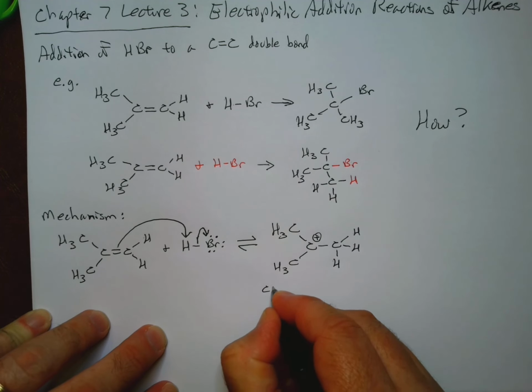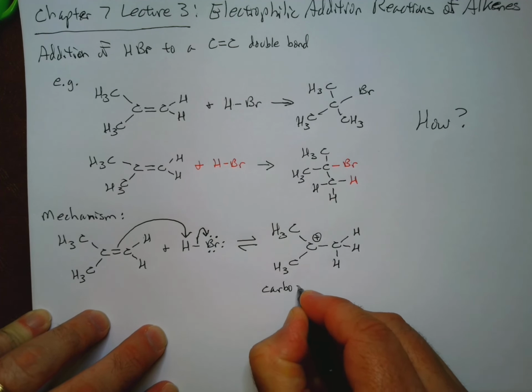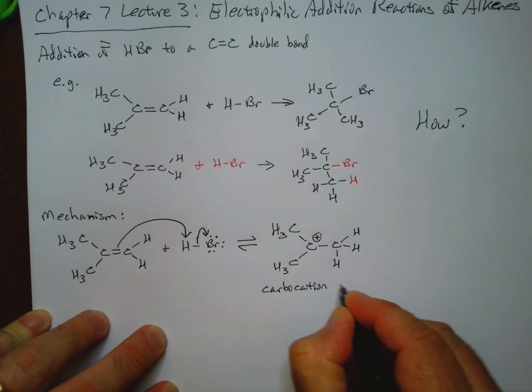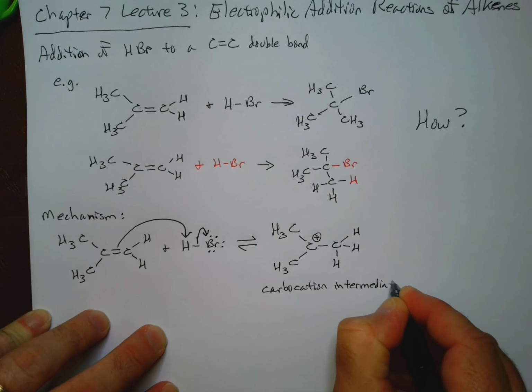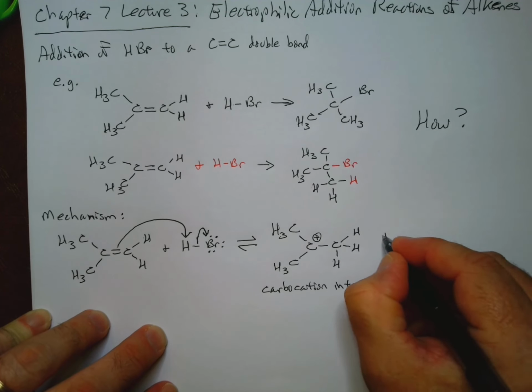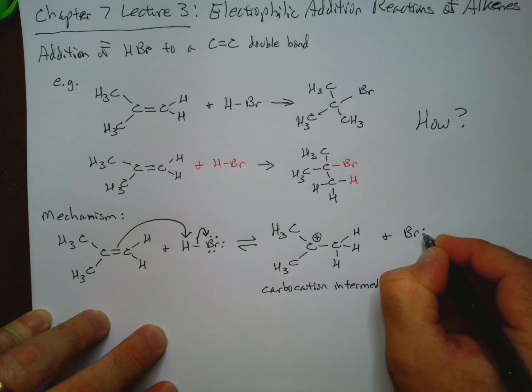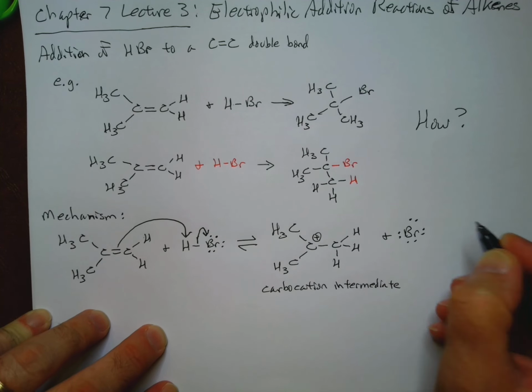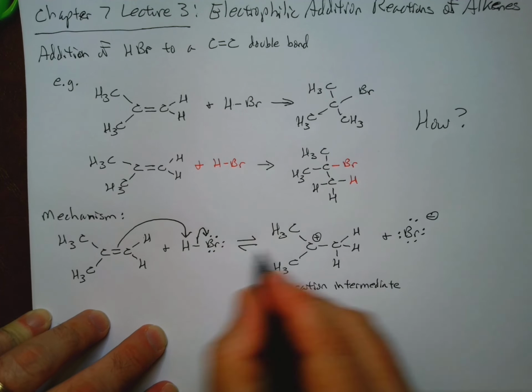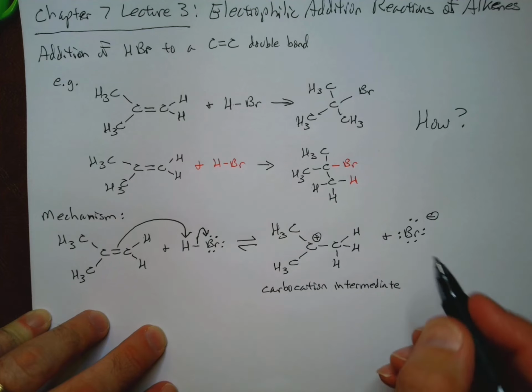So this is a carbocation intermediate. And then we still have our bromine, and now it's Br minus, because it got the electrons from that bond.